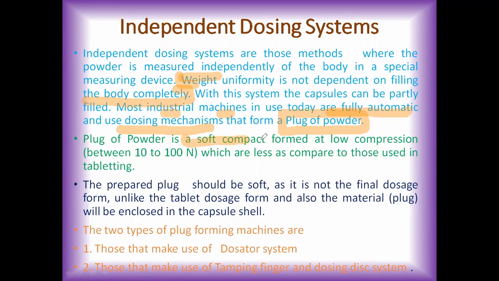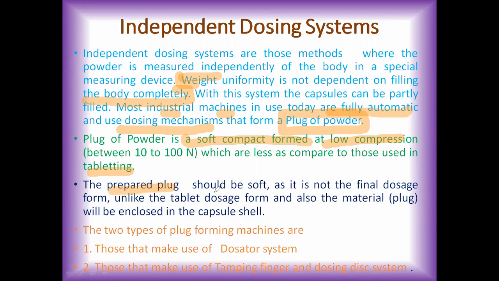a soft, compact form at a low compression between 10 to 100 newtons, which are less as compared to those used in tableting. So they are very soft compacts. A tablet is a compact dosage form, but when you talk about plug of powders, they are compressed at a very low compression strength, which are very less compact as compared to the compacts which we get after tableting.